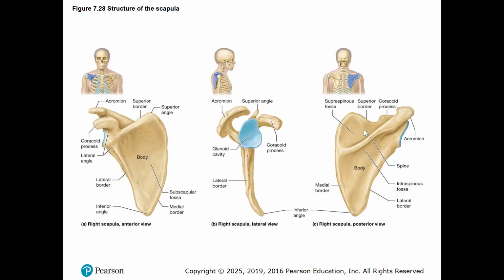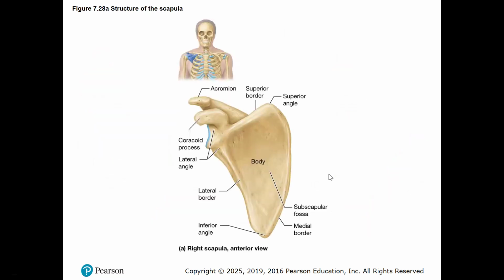And then the unique features of the posterior aspect of the scapula: you have the scapular spine here, and that supraspinous fossa and that infraspinous fossa. That's going to be the origination point of a lot of your rotator cuff muscles. It's a pretty interesting shaped bone.